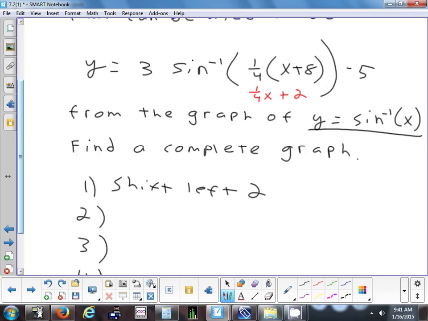Okay, who can tell me the next thing? There's two, and there's really two ways you could say it. Yeah, John. Okay, that is one way to say it. You can vertically stretch by a number less than 1. So that's fine.